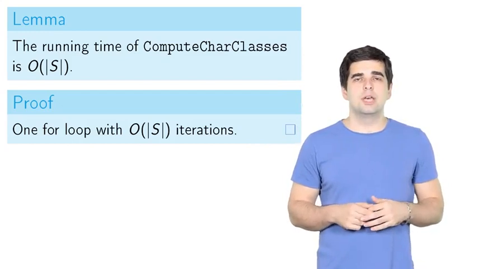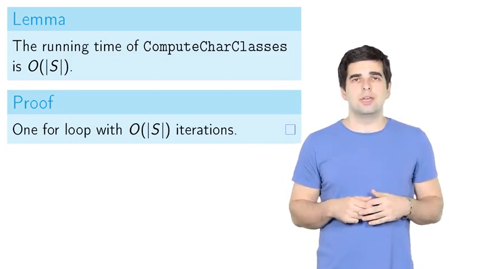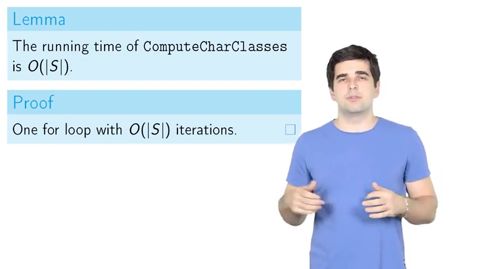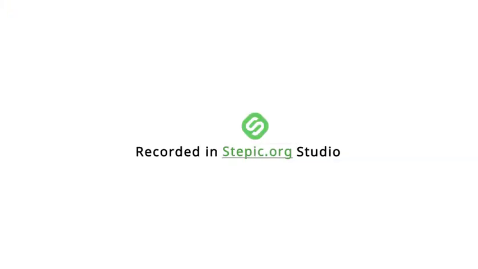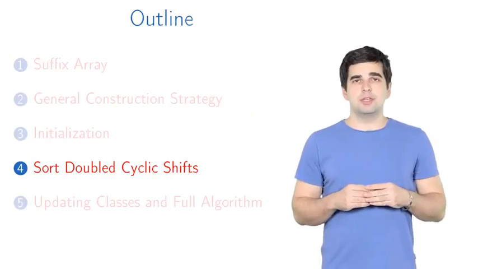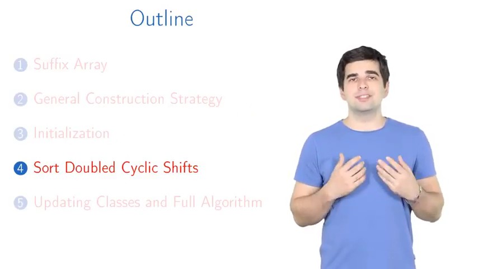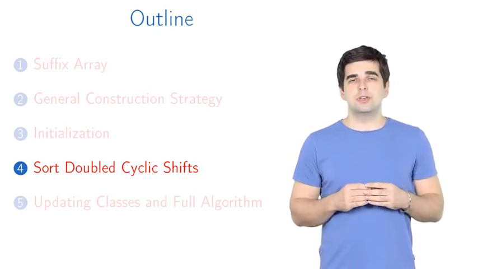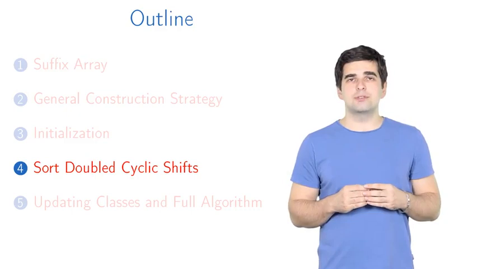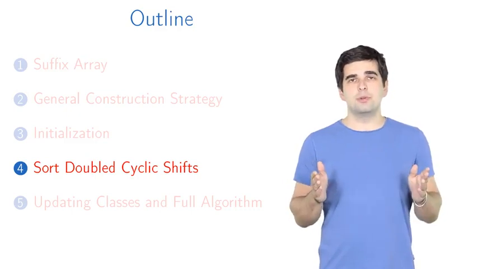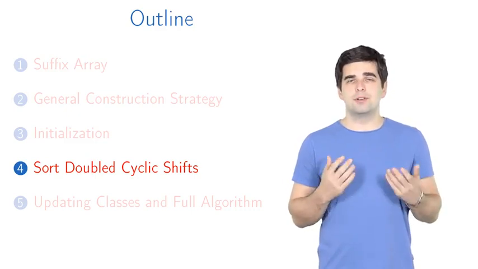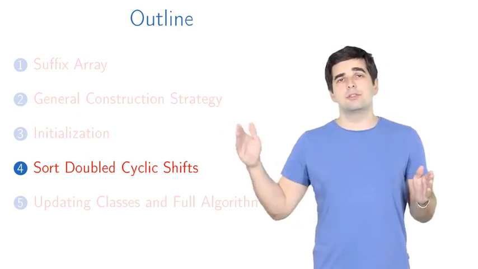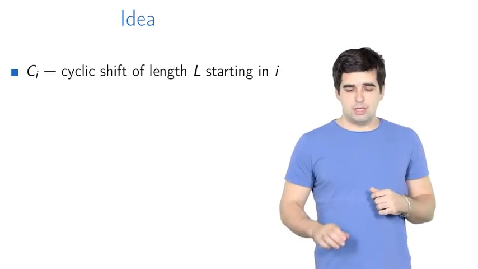And then in the end, we go from right to left in our string S. We look at the character, and we know that the partial sums array contains the position after the position where this character should be in the order. So we decrease the counter by 1, and we save our character position in the corresponding cell of the array order. And in the end, we just return the order of the characters.